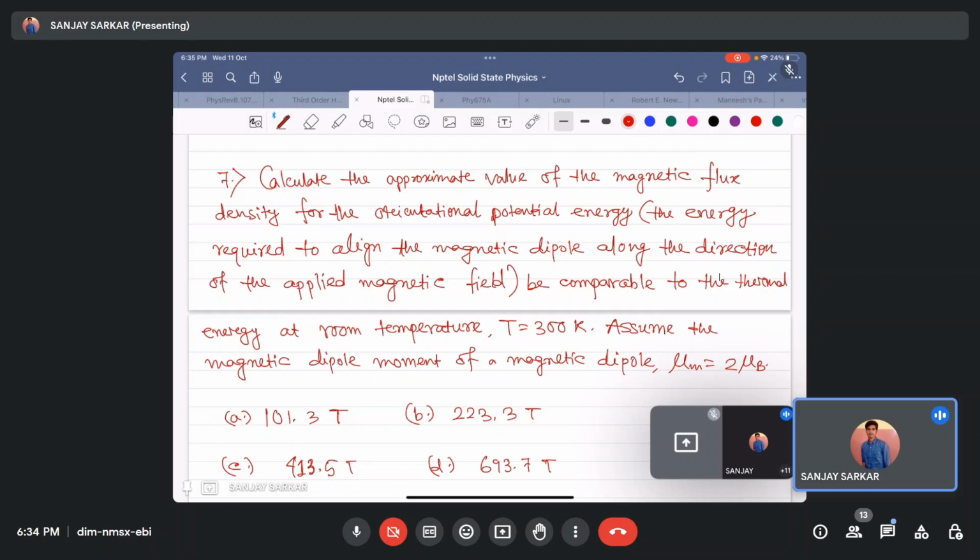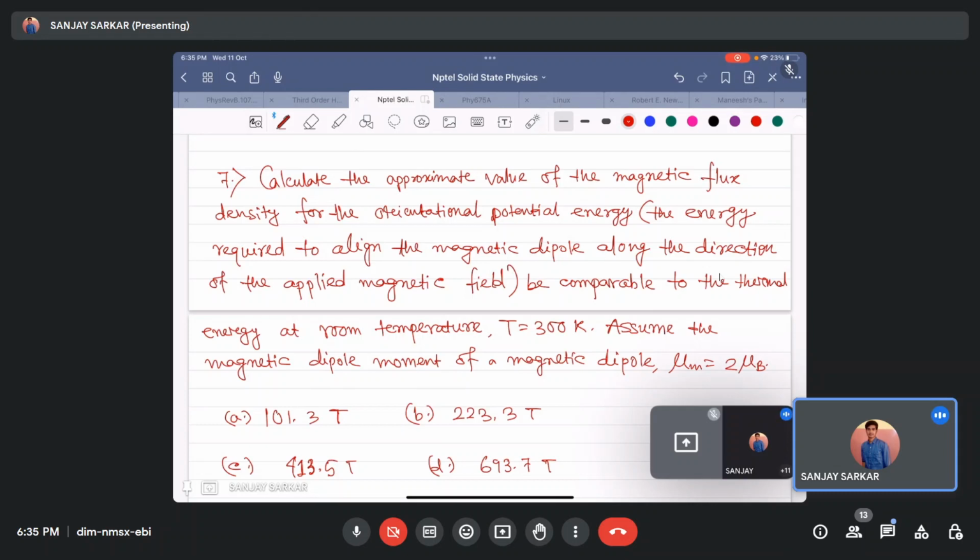So I'll suggest reading some textbook, let's say Kittel or something. You'll get an idea about this question. From the question, you can see that you need to calculate B, the magnetic field, because the options are given in units of Tesla, right? Using the g value and J, you need to calculate.